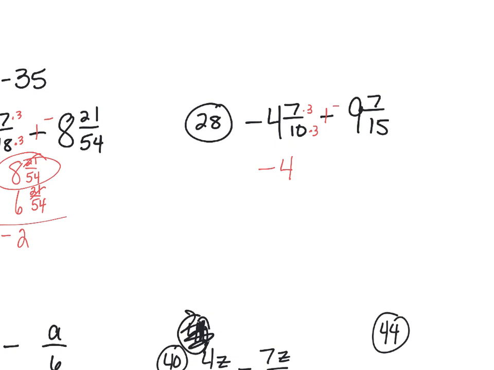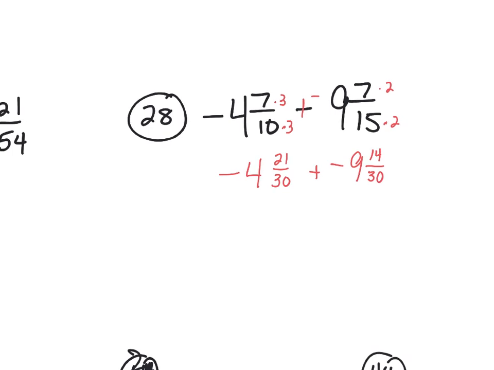Okay, so this is what? 21 over 30 plus negative 9, and I'm going to multiply these by 2. 14 over 30, correct? Okay, so when we add them together, we get 21 and 14 is what? 35?